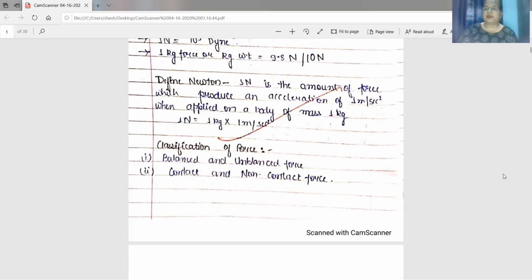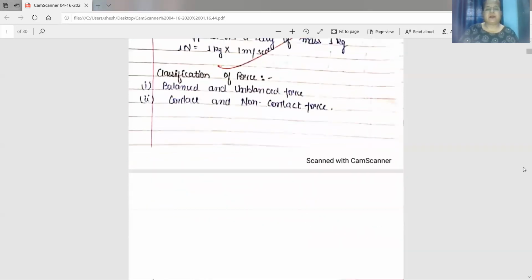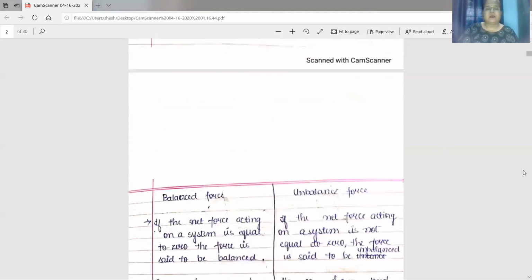Now classification of force. Force can be classified in various ways. It can be classified as balanced and unbalanced force, or as contact and non-contact force. Now what are balanced and unbalanced forces, and how are they different?